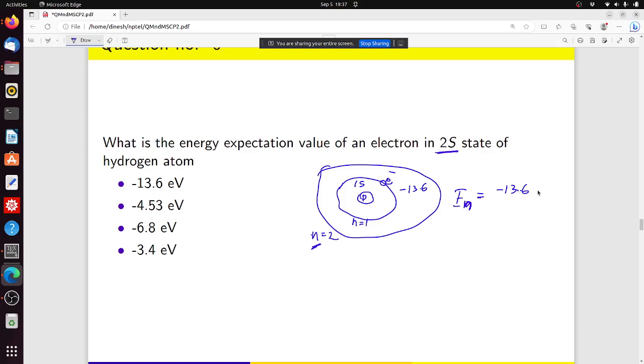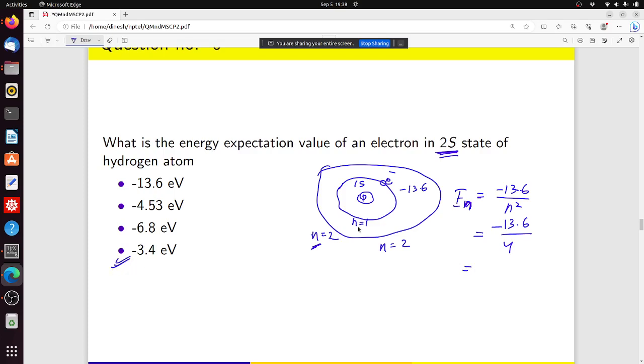Minus 13.6 divided by n square. Yes, it's not n, it's n square. So for this 2s state, n is 2, so the energy of the 2s state will be minus 13.6 divided by 4. What is this value? 3.4. Yes, right. This is the answer.